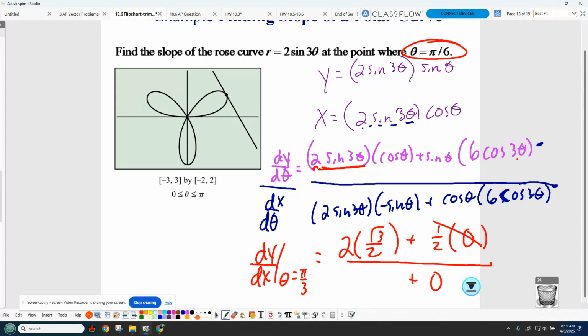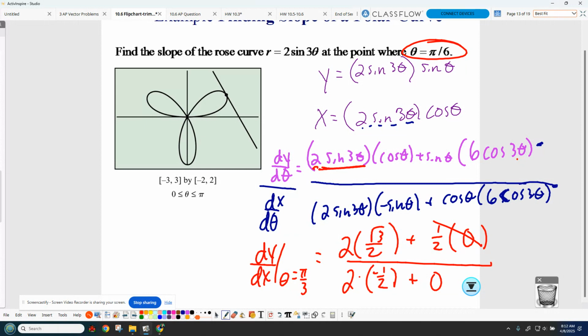So yes, your 2's are now going to cancel. Sine of 3 times pi over 6, so sine of pi over 2 times 2, and then negative sine of pi over 6. What comes out? Negative root 3.